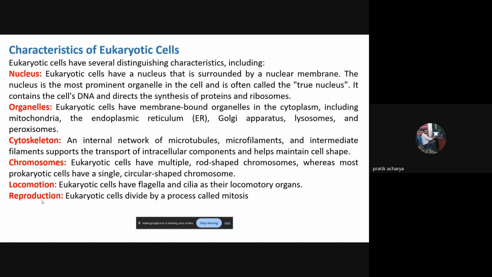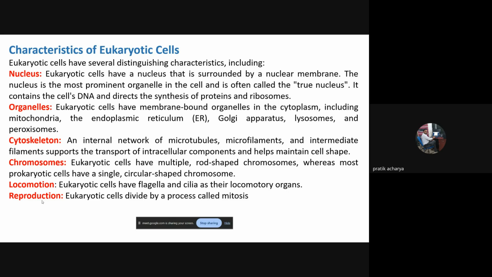Eukaryotic cells have multiple rod-shaped chromosomes, whereas most prokaryotic cells have a single circular chromosome because the DNA is circular. Different diverse forms: already we have discussed in the diversity the unicellular and multicellular categories of eukaryotic cell.